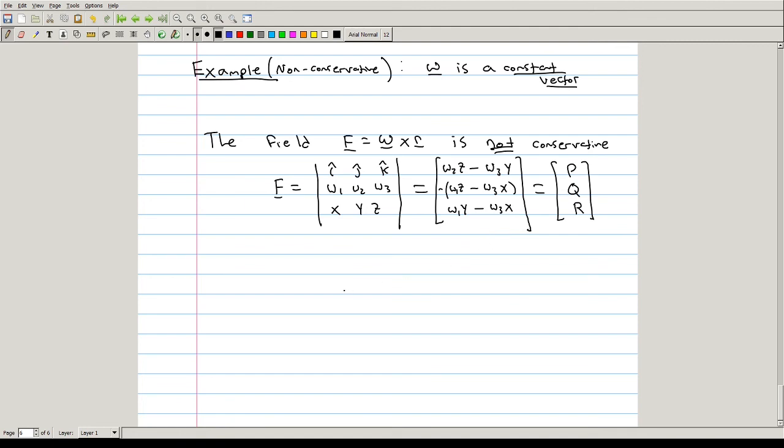But the main idea here stems from the fact that if you take the y derivative of P, you get negative omega 3, and if you take the x derivative of Q, you get positive omega 3.